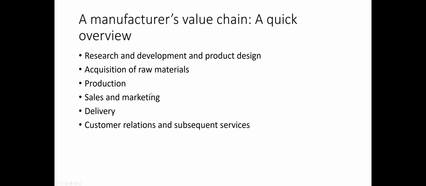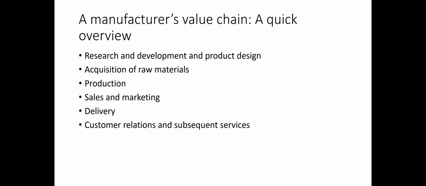After it's produced, we do sales and marketing, delivery to the customers, and then maintaining relationships with the customers. As I mentioned, if we only talk about the manufacturing value chain, each of these topics would take hours to discuss, but this is a very high level view to give some idea of how the process works.